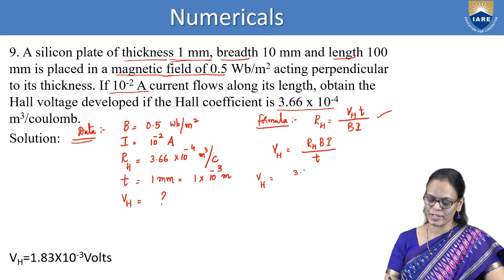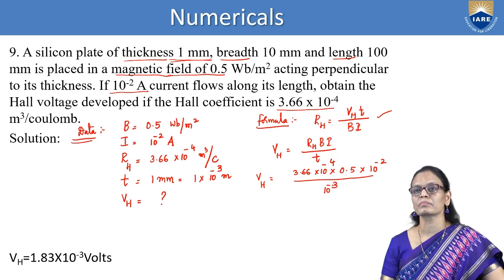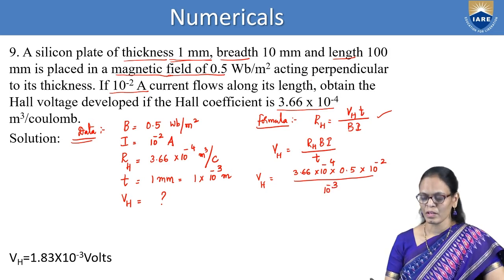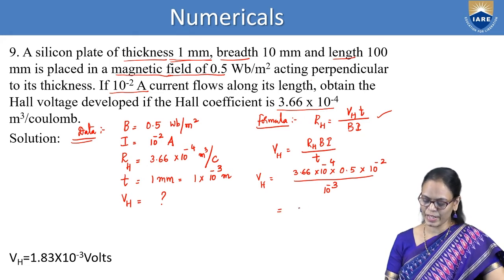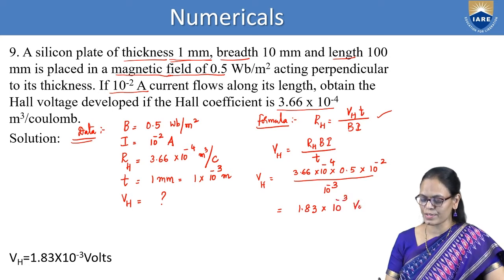RH is 3.66 into 10 power minus 4, B is 0.5, I is 10 power minus 2, and thickness is 10 power minus 3. If you simplify, what we get is 1.83 into 10 power minus 3 volts.